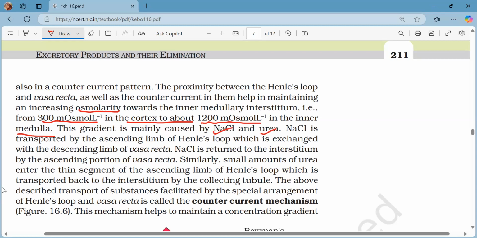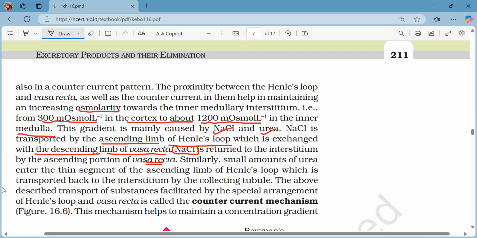Now, NaCl is transported by the ascending limb of Henle's loop, and this is exchanged with the descending limb of vasa recta, because here the flow is exactly opposite in nature. Later on, this sodium chloride, which is the salt, is returned to the medullary interstitium by the portion of vasa recta.